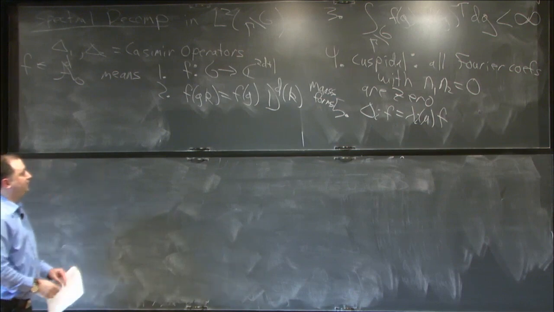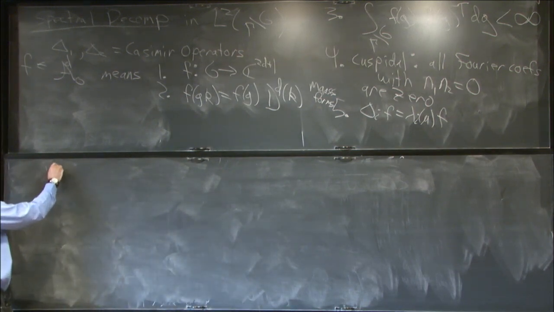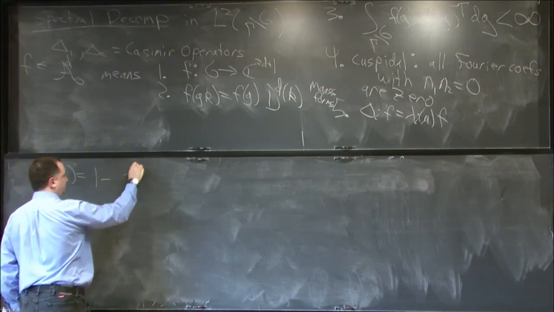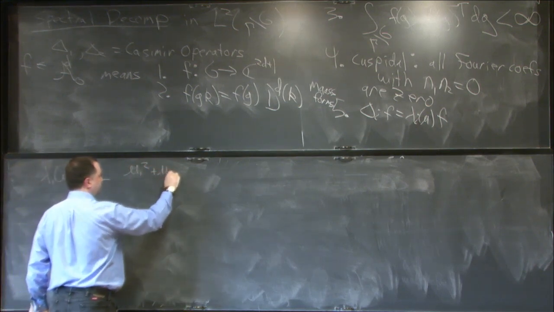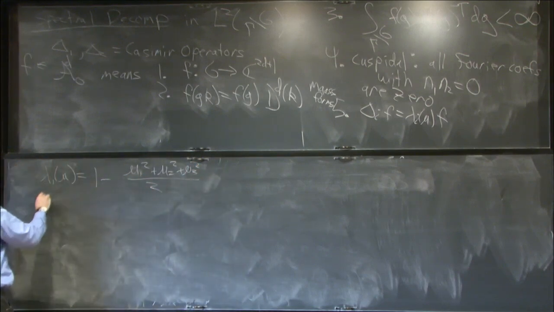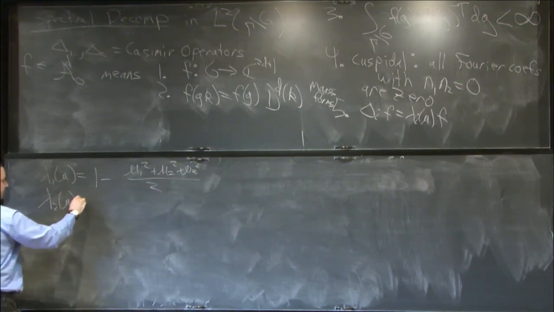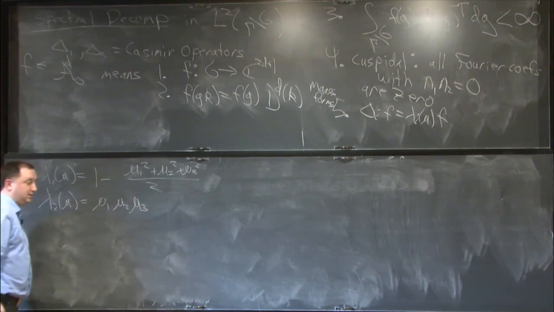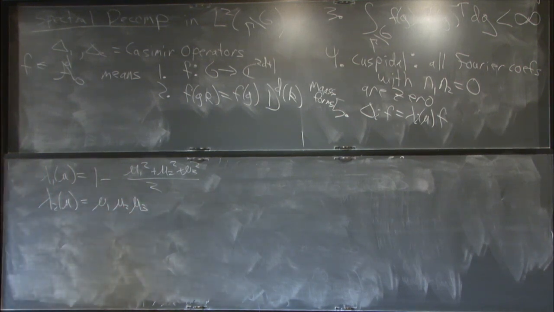So lambda 1 of mu is 1 minus mu 1 squared plus mu 2 squared plus mu 3 squared over 2, and lambda 2 of mu is mu 1, mu 2, mu 3. Okay, so those are the eigenvalues of the power function under the Casimir operators.